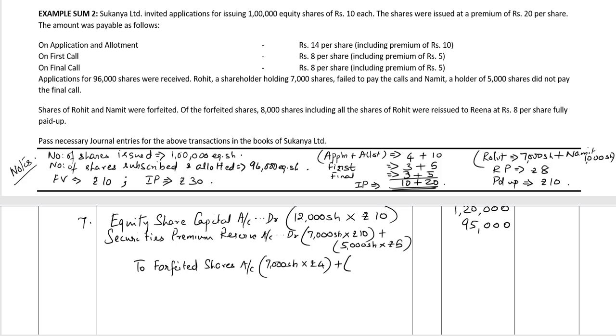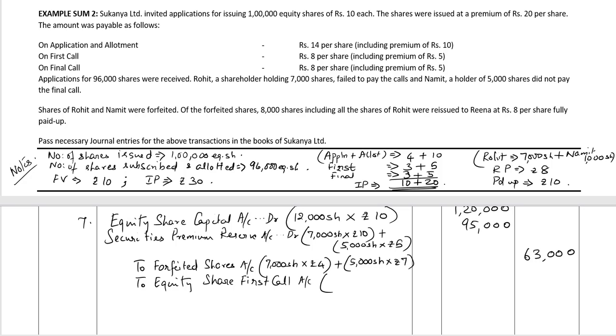And on Namit's 5,000 shares, we received the application, allotment and the first call money of rupees 7 per share, excluding the premium. So the total amount received is 63,000, 28,000 plus 35,000. To equity share first call.